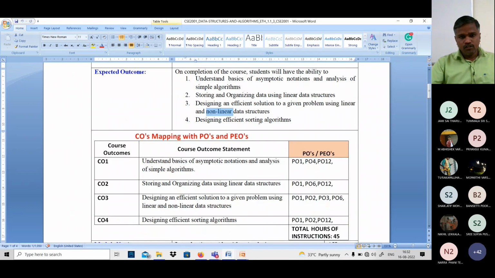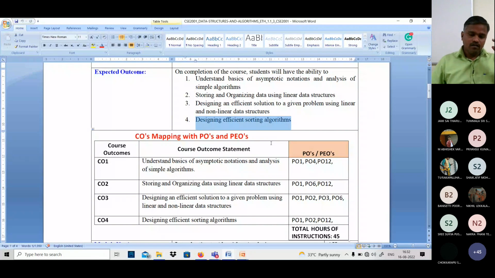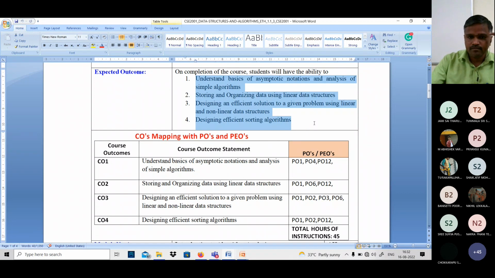Then the fourth course outcome is designing efficient sorting algorithms, right? The algorithms you are learning or writing are related to sorting the data. Those algorithms are called sorting algorithms. Do you understand about these course outcomes? Is there any doubt?